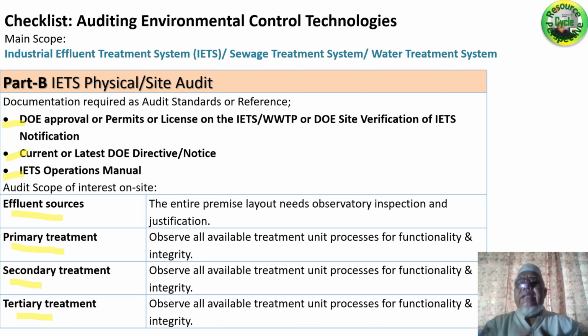So if you are auditing under the ISO 14001 regime, or as DOE contract auditors, pool of auditors, then what you have displayed in this video is really for you. However, the ultimate technical audit for the IETS design and operations should be run by chemical engineers, mechanical engineers, chemists, and microbiologists all together.